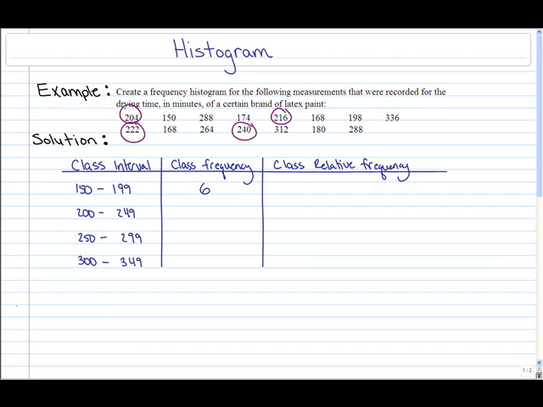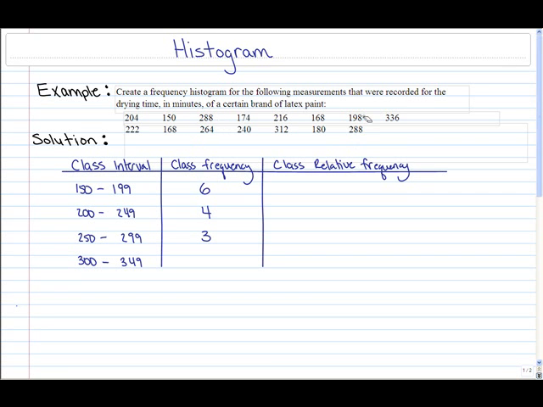So your class frequency for that second class is just 4, because there's 4 values that fall within that class. Now so on and so forth. The next class is from 250 to 299. The values that fall there would be 288, 264, and the only other one I see is 288 again. So my class frequency for this class is 3.